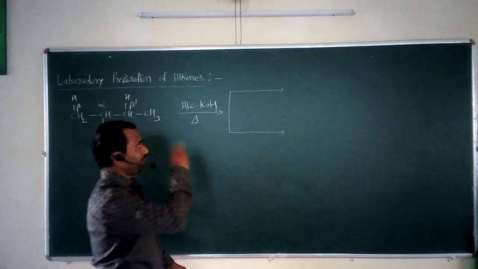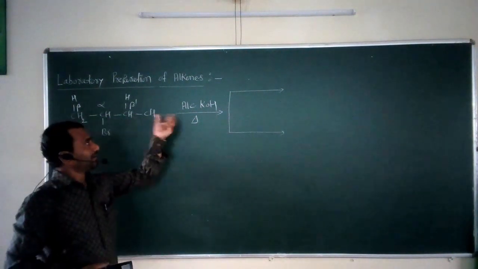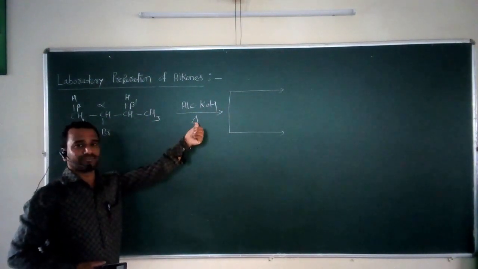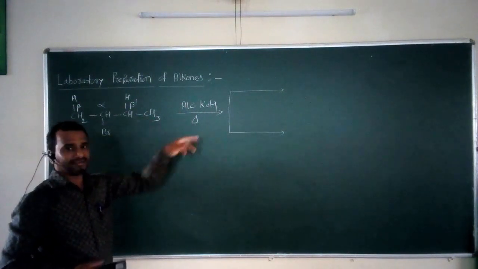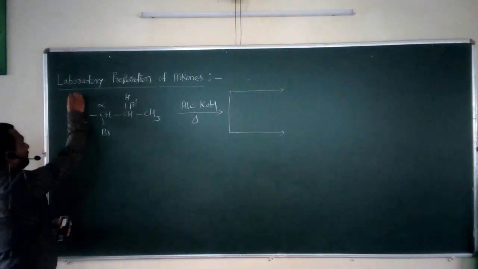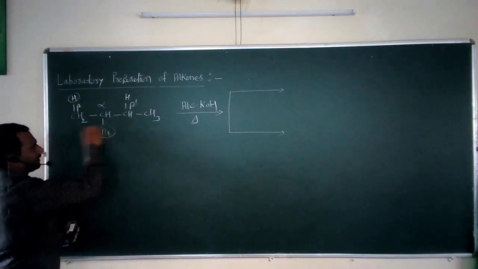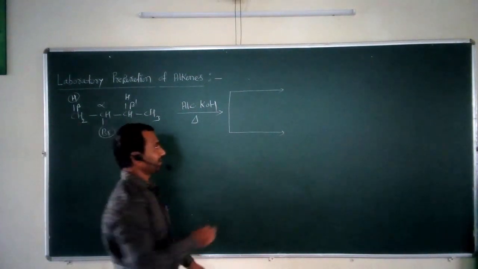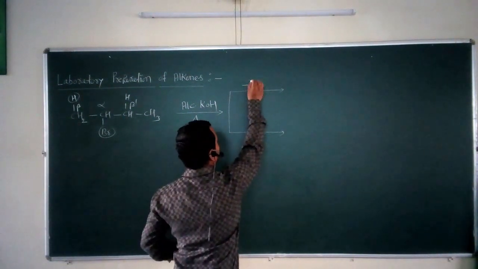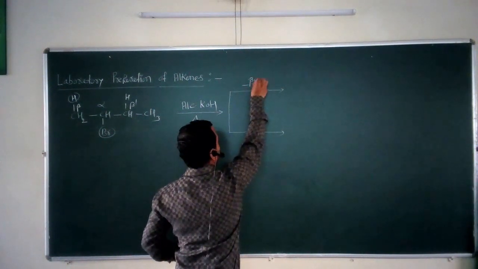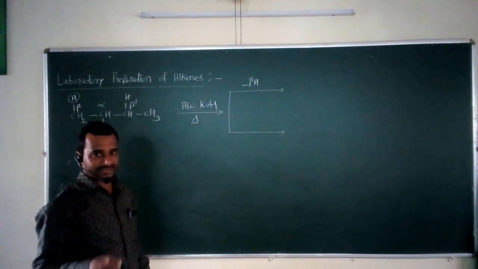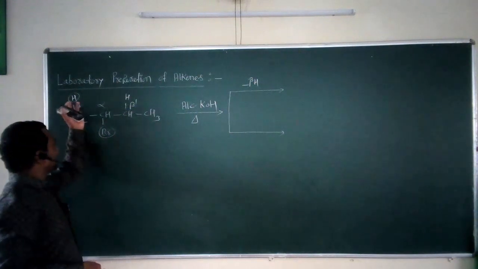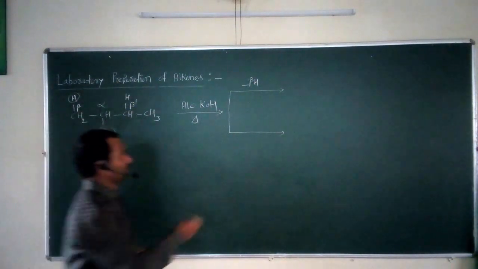So first of all, if this alkyl halide is reacted with alcoholic KOH in the presence of heat, one of the beta protons and this bromine get removed as minus HBr. So we can write here minus beta hydrogen. If this beta hydrogen is removed, the HBr gets removed and you will get one product.